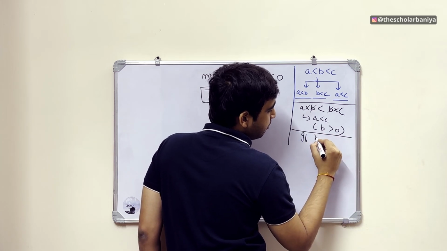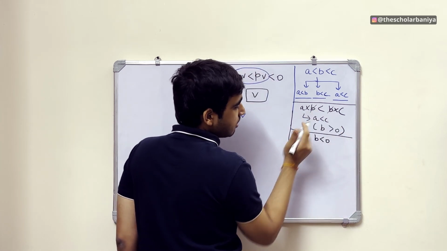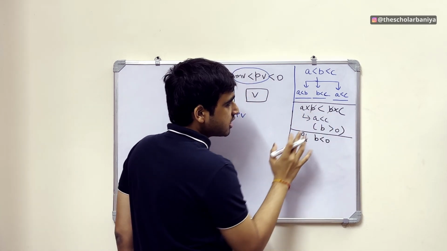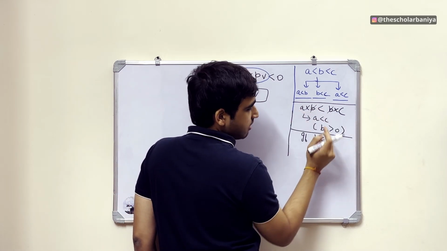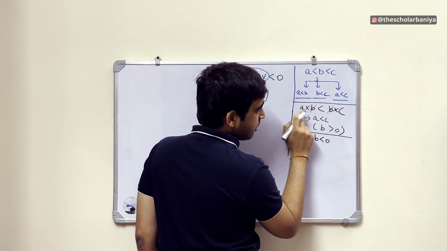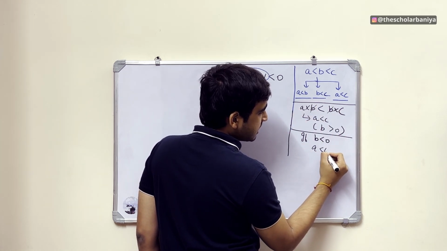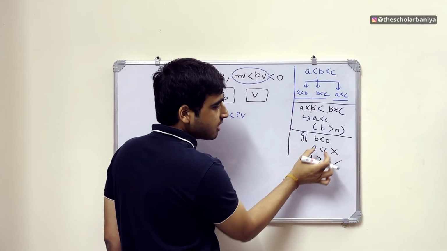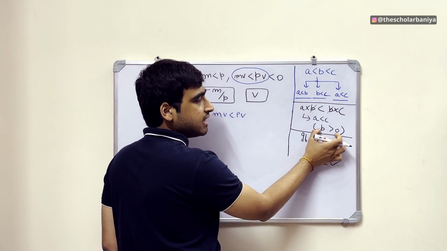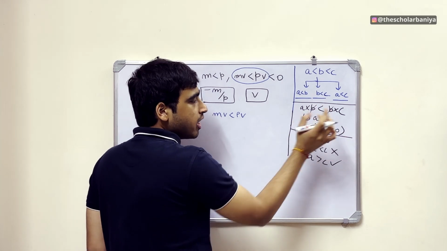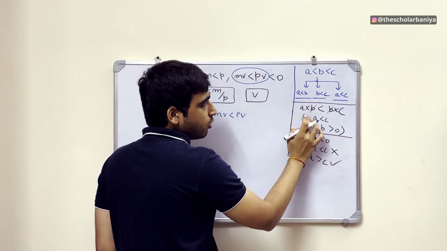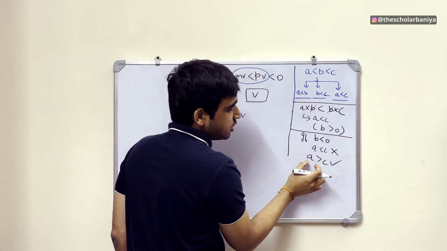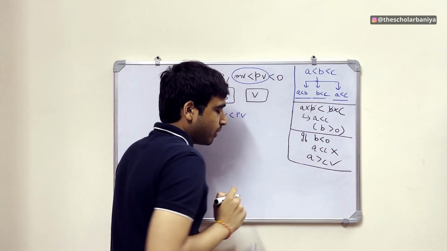If b is less than 0 and you cut them off, then the sign would change. So the answer would not be a is less than c; the answer would be a is greater than c. If b is greater than 0, you can directly cut it off, but if b is less than 0, you can cut b and b, but then the signs get opposite. So a is greater than c.